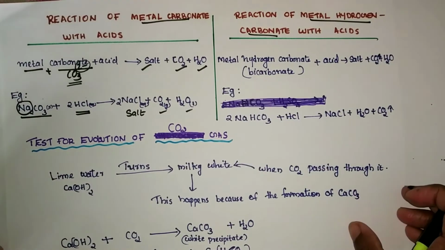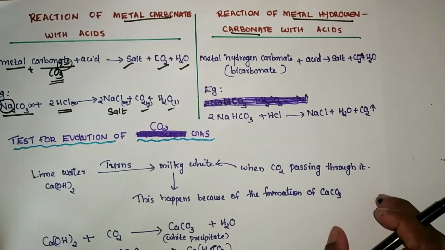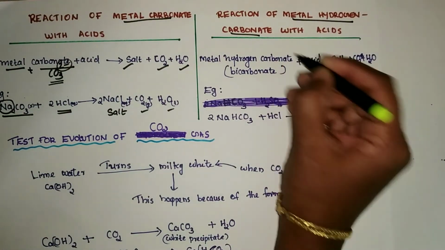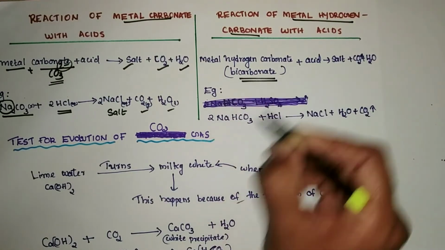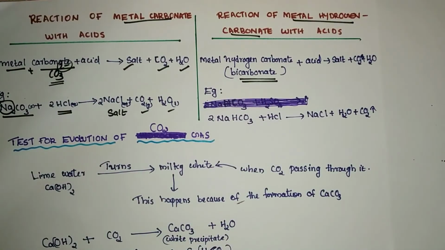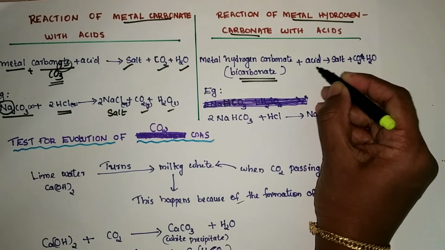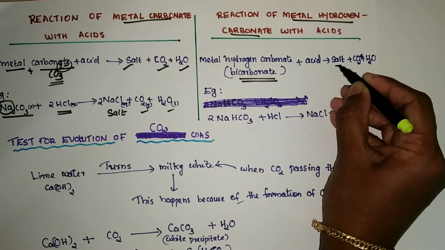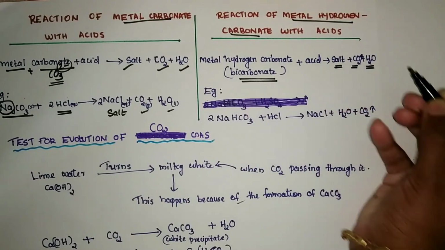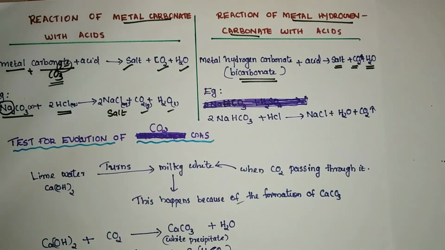Let's see what happens with metal hydrogen carbonate, otherwise known as metal bicarbonate. When they react with acid, it also forms salt, carbon dioxide gas and water. So when acids react with metal carbonates and metal hydrogen carbonates, they release the respective salt, carbon dioxide gas and water.